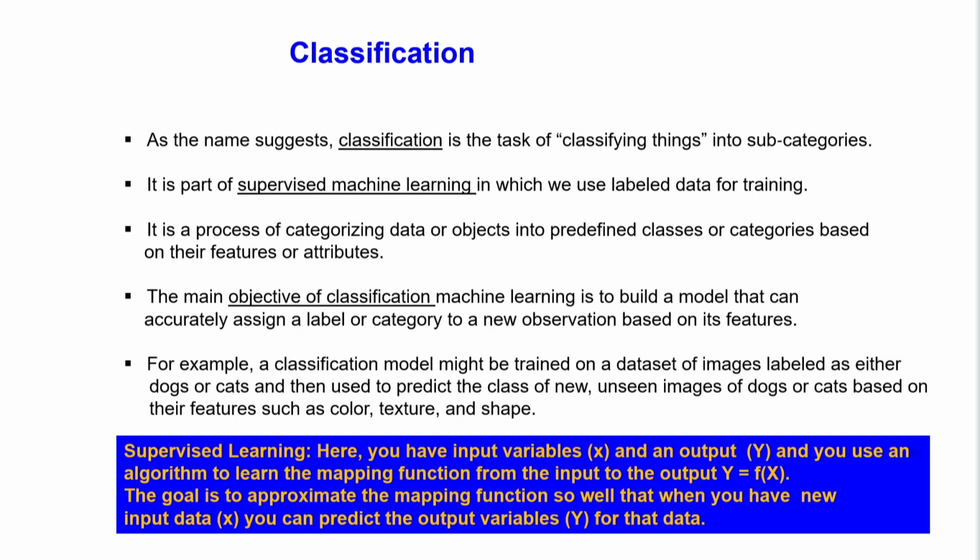So, the main objective in a classification machine learning model is to build a model that can accurately assign different labels or categories to any new observations. Correct. For example, if a classification model is trained on a data set of images labeled either as dog or cat, and then we use that model to predict a new image belonging to either dog or cat, it must be able to do that based on color, texture, features, shapes.